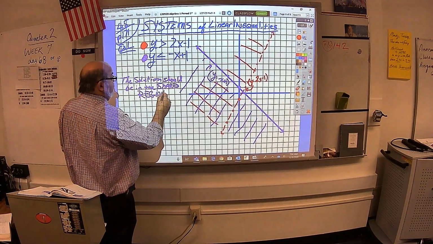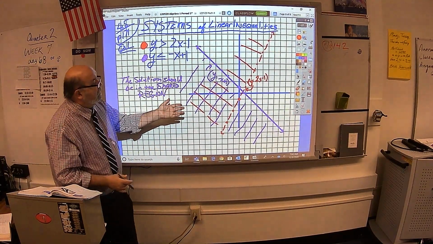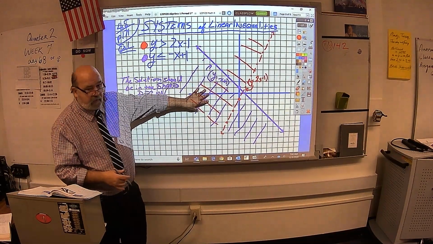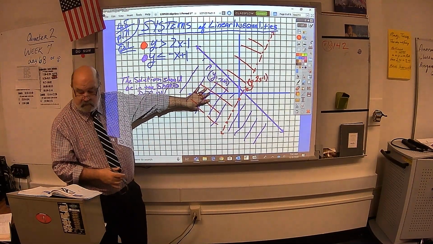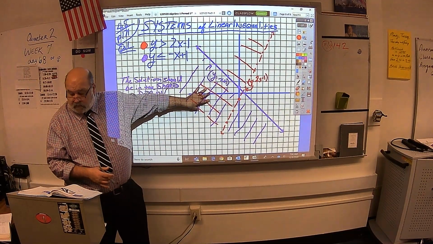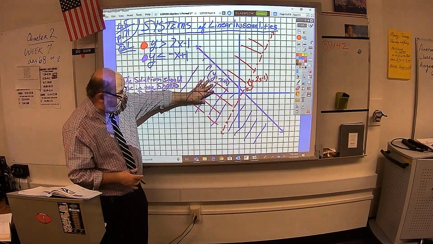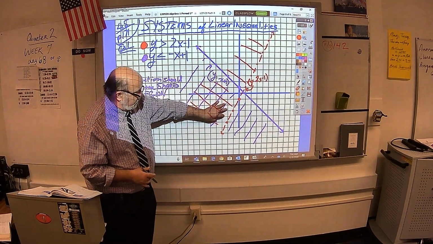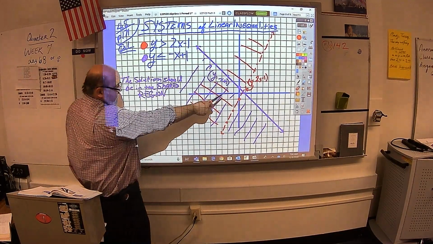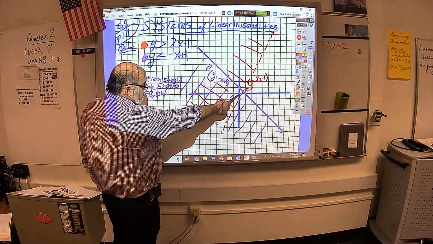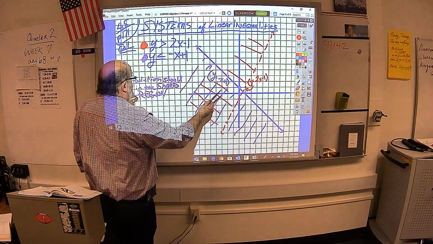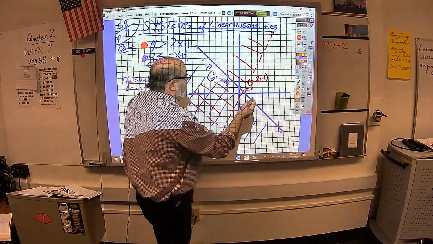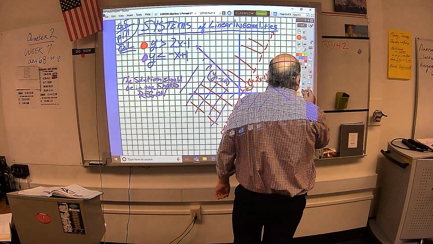You can think of it as a quarter. The only area that's shaded by both colors is this one right here. So, do we have a point in this area that we can use? Well, it looks like 0, 0's in there, doesn't it? The origin.